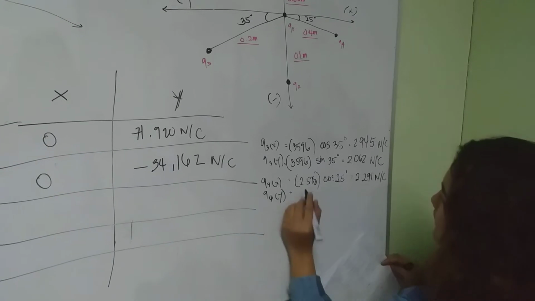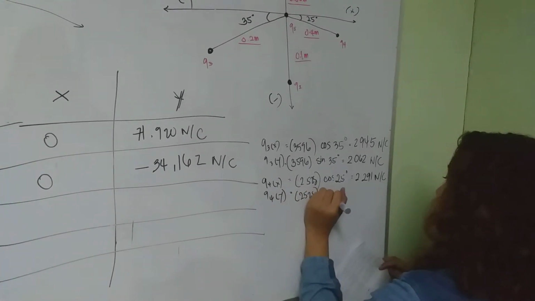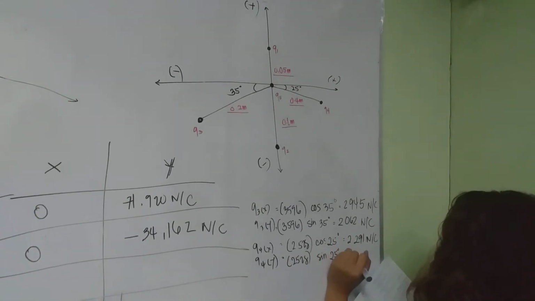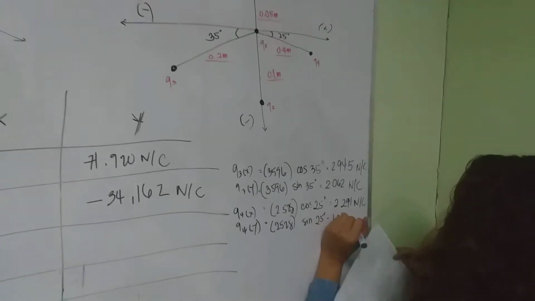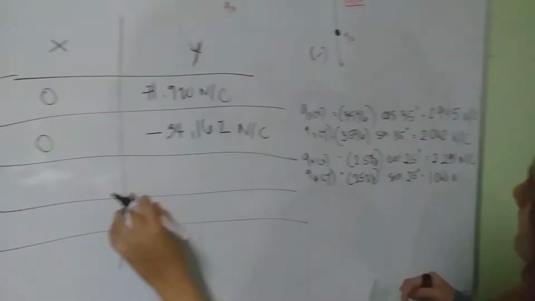And for y, we will have 2,528 multiplied by sine 25 degrees, which will be 1,068 newtons per coulomb.